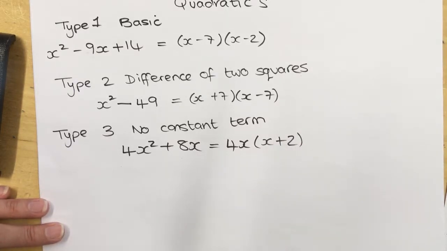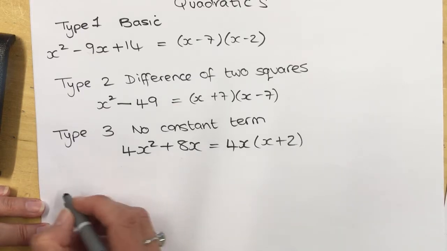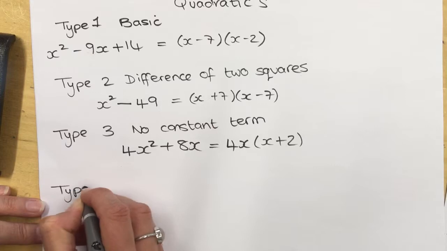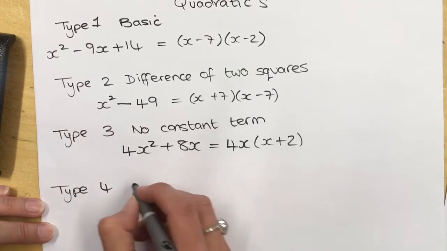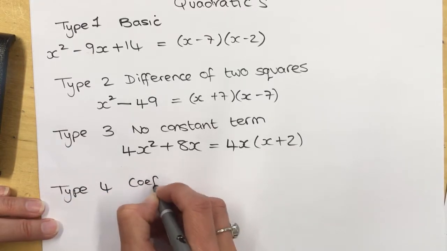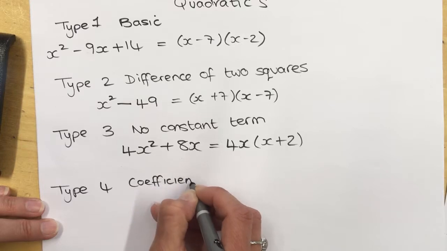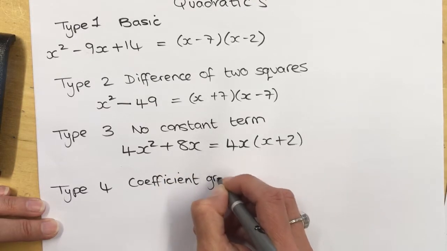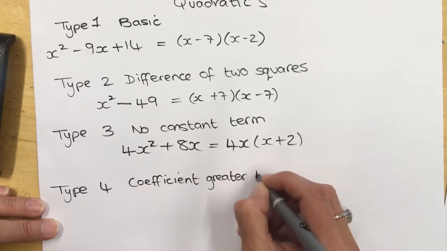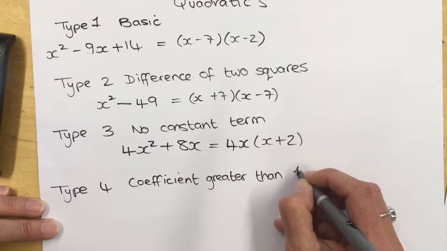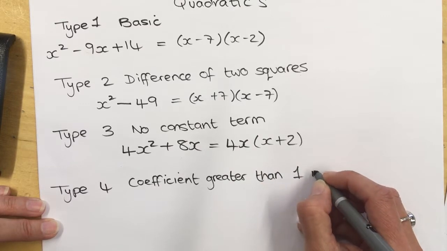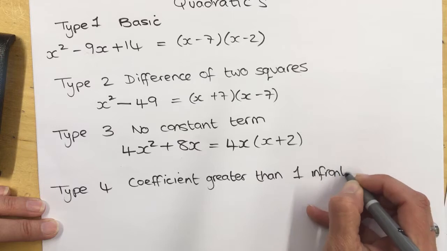Again, please refer to the longer videos on how to do it at a slower pace. And then we have type number 4, where there is a coefficient greater than 1 in front of the x squared.